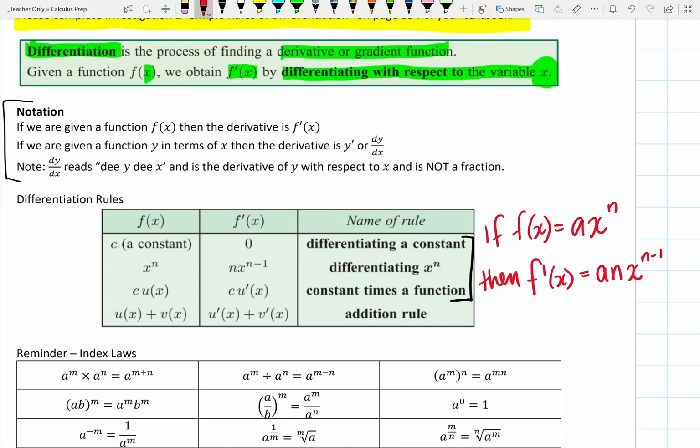So what happens is the index, the n, comes down as a factor and multiplies the coefficient, and the power n is reduced by 1.